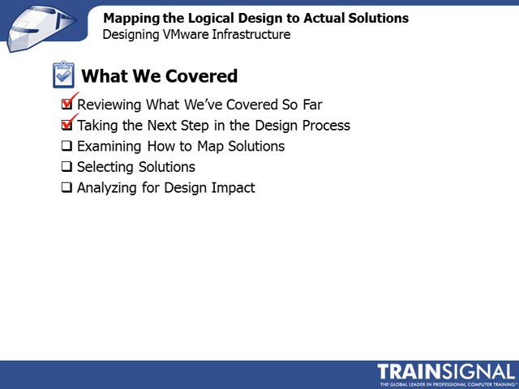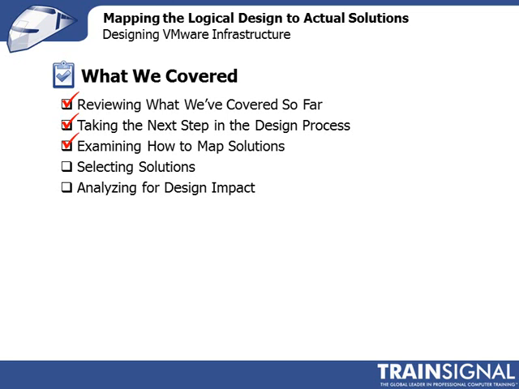Next, I introduced you to the next step in the design process, which is the idea of taking that logical design now and selecting actual solutions and technologies and products. We call this mapping the logical design onto actual solutions.